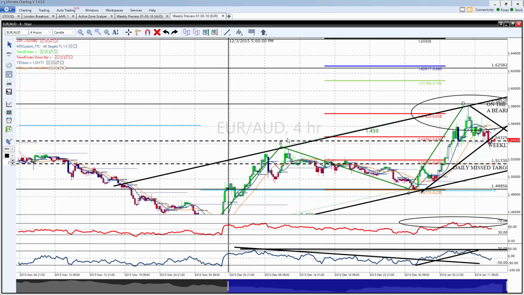Okay. Indicator went down while the price went up. So there's a divergence.